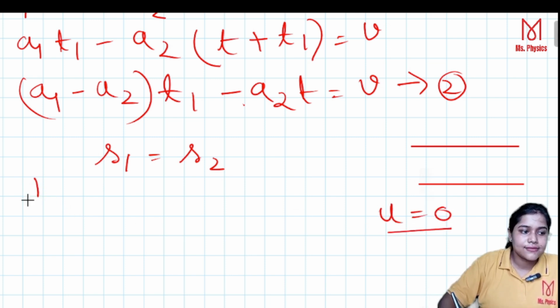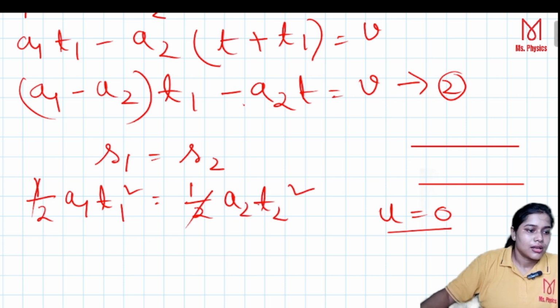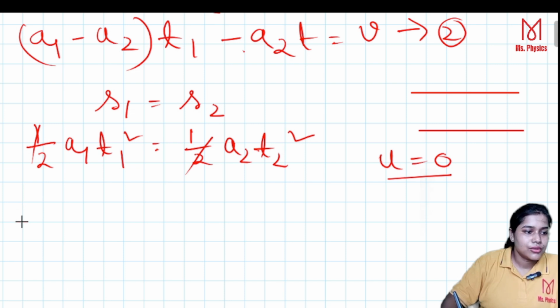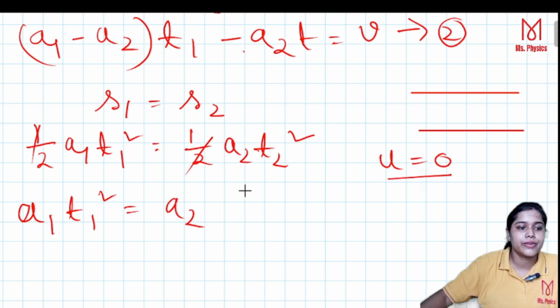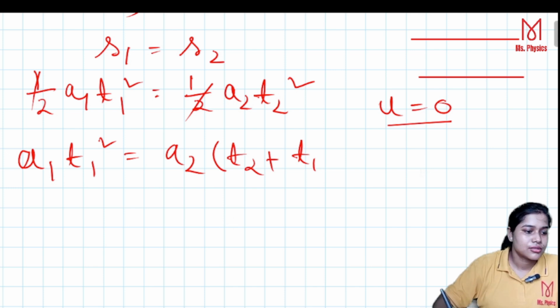So we can write finally half a1 t1 square is equal to half a2 t2 square. Now instead of t2, a1 t1 square is equal to a2 times t plus t1 whole square.